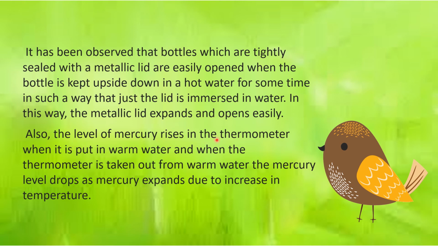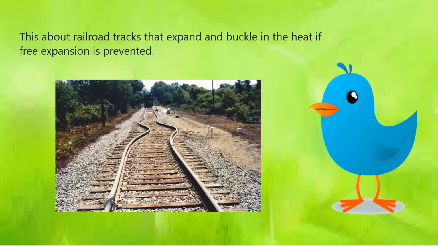Also, the level of mercury rises in a thermometer when it is put in warm water, and when the thermometer is taken out from the water, the mercury level drops, as mercury expands due to increase in temperature. These are the effects of thermal expansion which we can see.